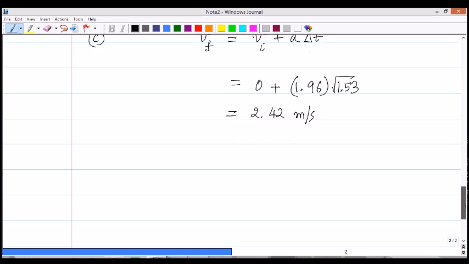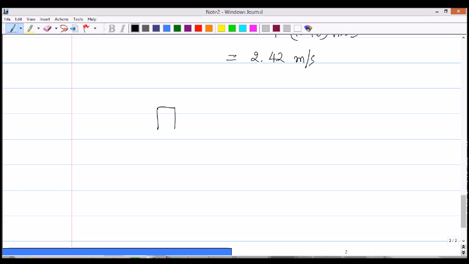Now, the 2 kg block is traveling at a speed of 2.42 meters per second right when the 3 kg block lands.